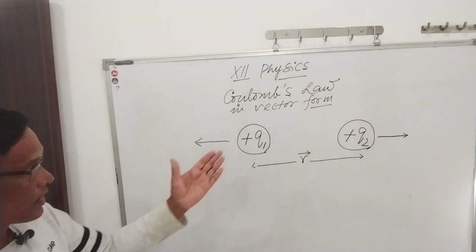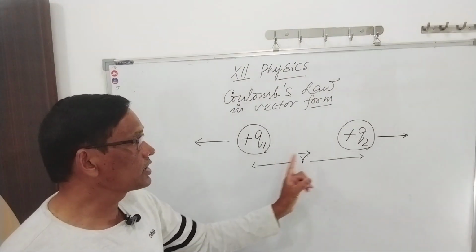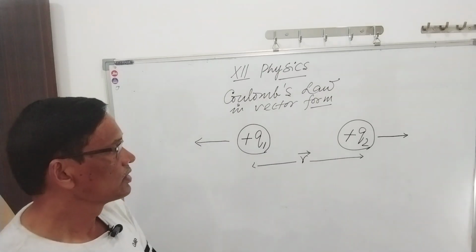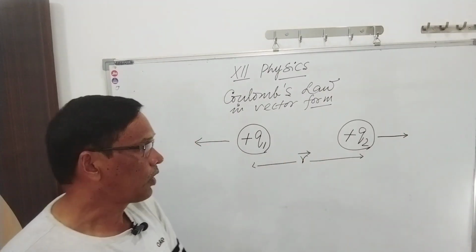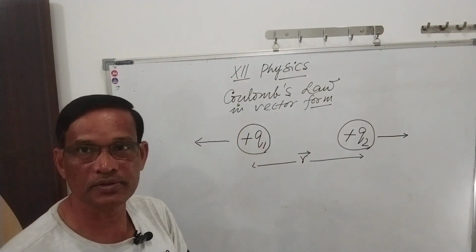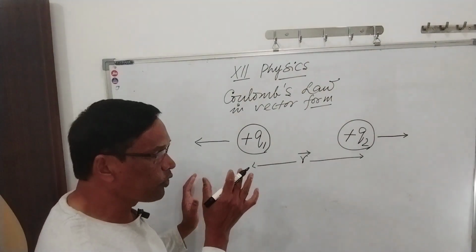Now I can write this distance r with a unit cap in a particular direction. The r can be indicated in the rightward direction, or the r can be indicated in the leftward direction. This is what happens in vector form.